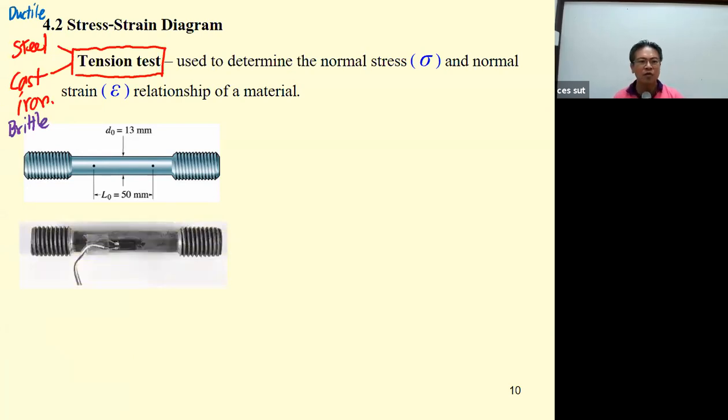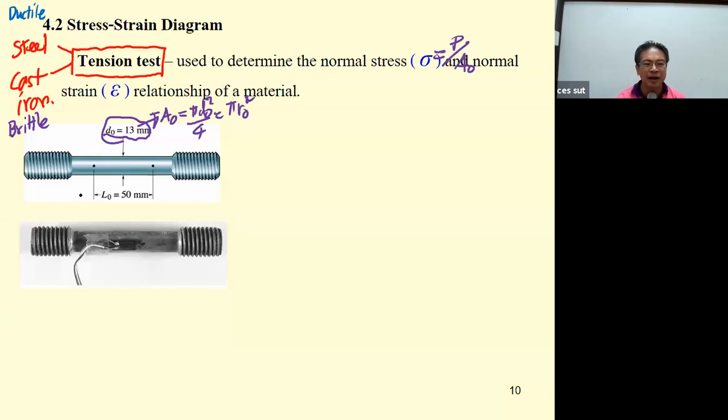What do we do? We start by measuring the diameter of the specimen, and then we compute the area, using pi d sub o squared over 4, or you may use pi r sub o squared. And then the stress is going to be the force divided by the original area.